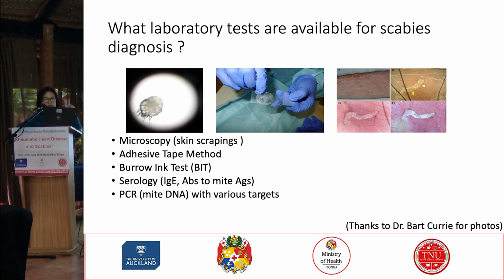You can also do some ink, put it on the skin, rub it off with alcohol, and again, look for the burrows. You can check for antibodies, but this is quite insensitive and has lots of cross-reaction. And of course, you can do PCR.